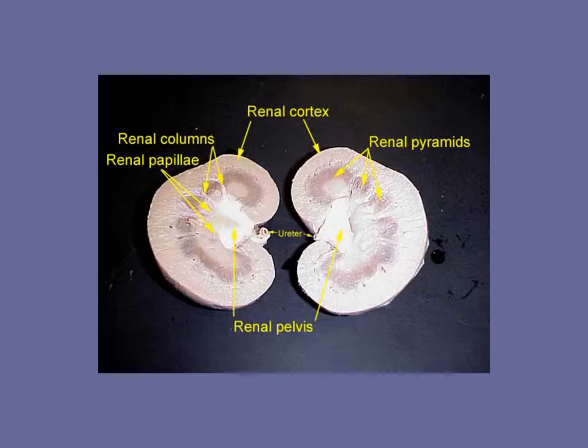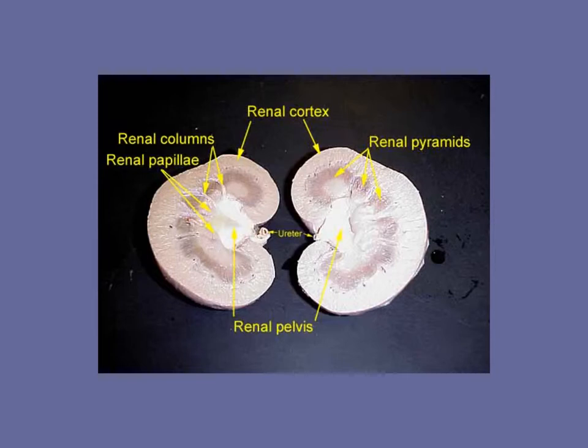As we move to our future slides and we start looking at our proximal convoluted tubules and our distal convoluted tubules and our collecting ducts and all those components, we're going to find that they're located right within that region, and that there are millions of these structures found within each of our kidneys. Running in between the renal pyramids, we have renal columns, and we have those labeled right in here.